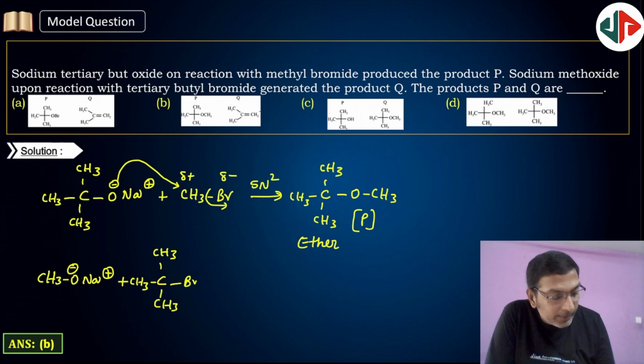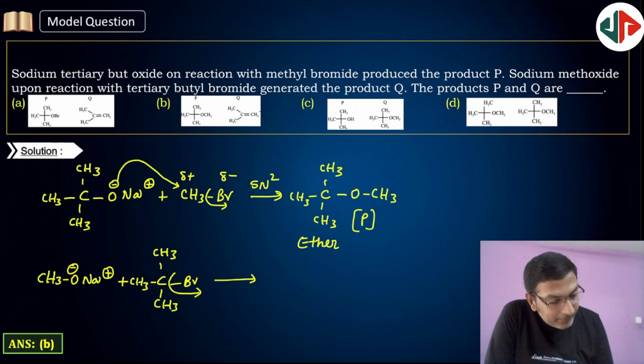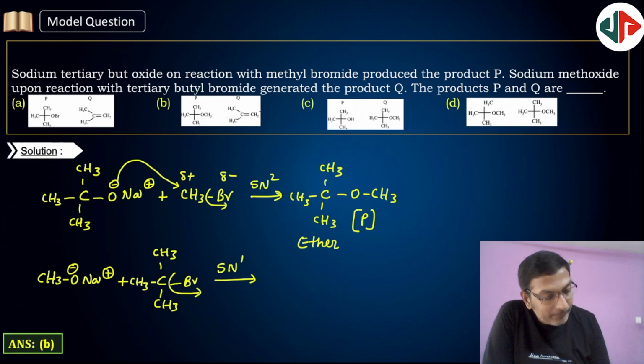Tertiary butyl bromide. Here there will be no substitution reaction due to the bulkiness of tertiary butyl bromide. Therefore, first Br will be eliminated. That means here take the SN1 mechanism, or we can say elimination mechanism.